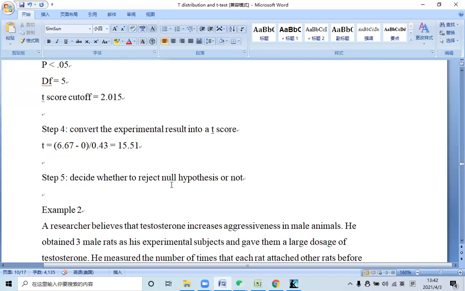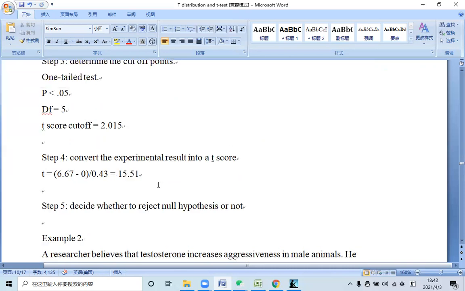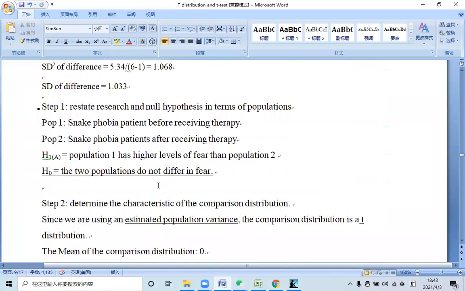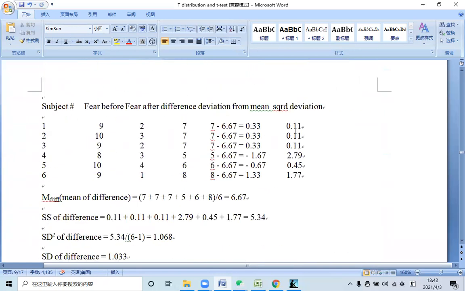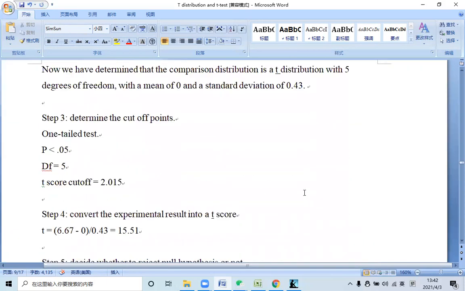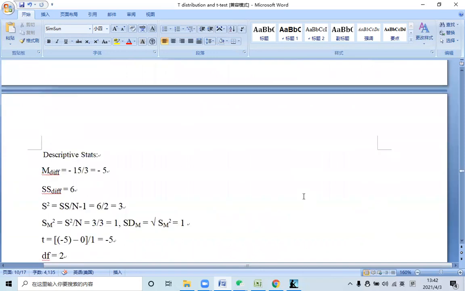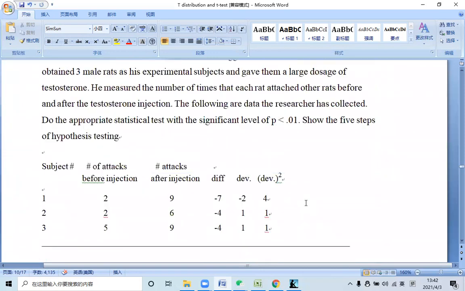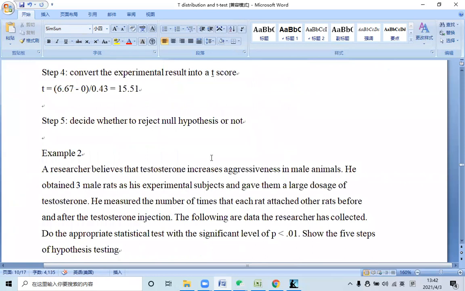We support the research hypothesis. We have sufficient evidence to show the therapy works. The therapy effectively reduces people's fearfulness of harmless snakes. This is one example, a pre-task, post-task design, t-test for dependent means.